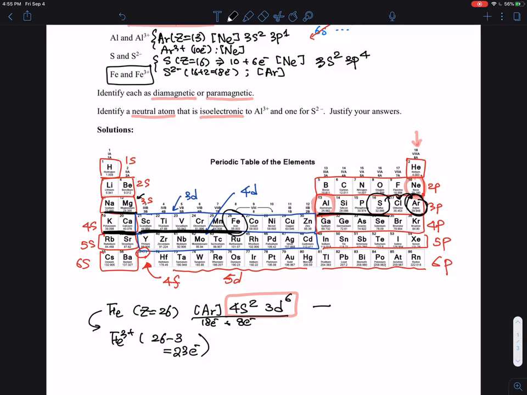This is the 4s orbital, and then 1, 2, 3, 4, 5, this is the 3d orbitals, and you have up and down 1, 2, 3, 4, 5 electrons, and one more. So that's why 4s2 and 3d6. From here, I need to lose 3 electrons. Which electrons do I lose?